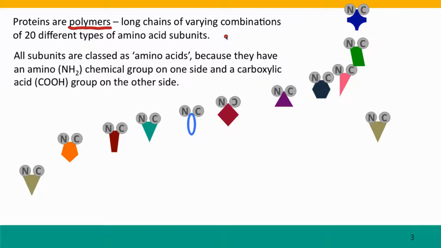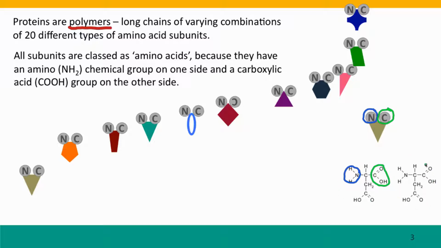All of the subunits of proteins are called amino acids because they have an amino group on one end, and you'll see the chemical structure there, a carboxylic acid group on their other end. There's the carboxylic acid of this amino acid.